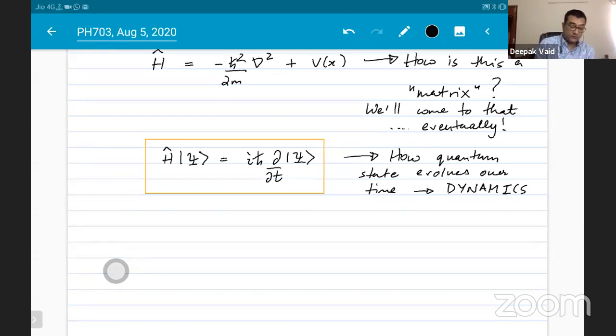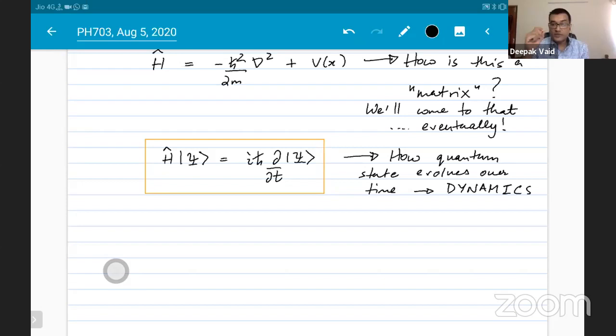This is where things actually happen. Without this equation, we would not be able to do a lot with quantum mechanics, because it's not enough to know what a system looks like at a certain instant of time. You have to describe how a system evolves over time.